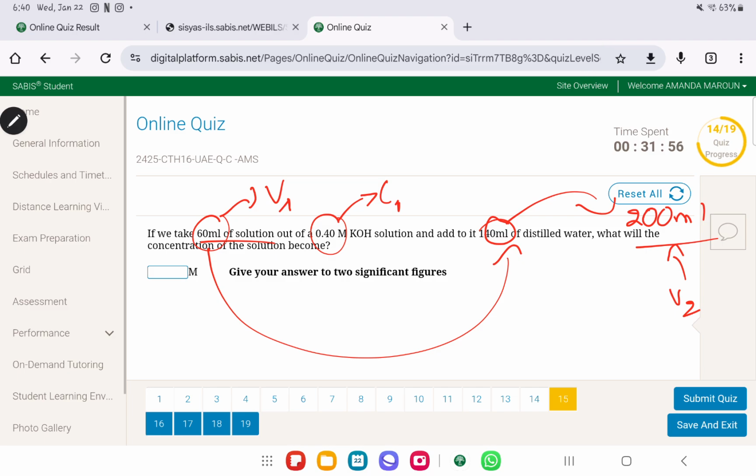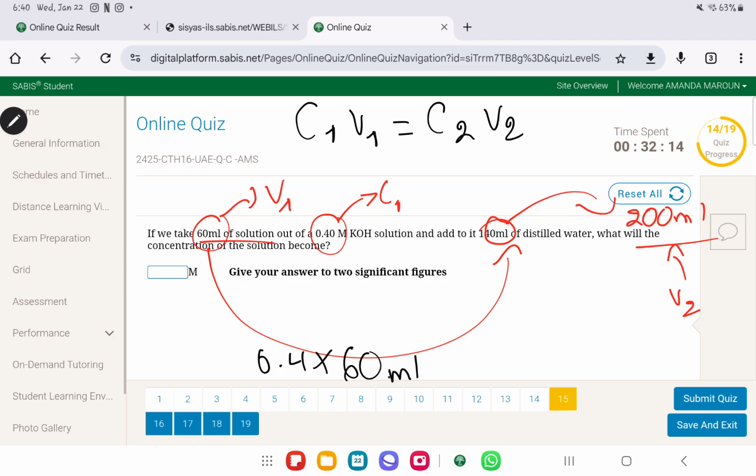Very simply, the equation is C1V1 is equal to C2V2. This is something from last year. So C1 is 0.4 times V1, which is 60. Now, why do we not change the units? I will keep the units now just to show you why we do not change it.